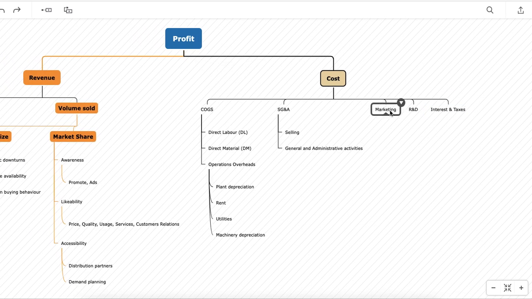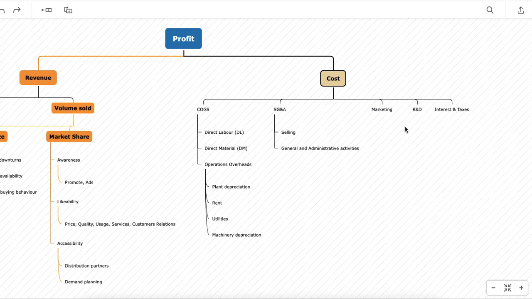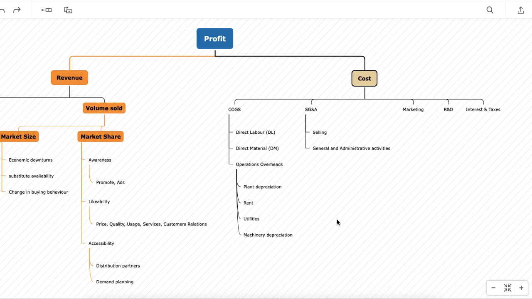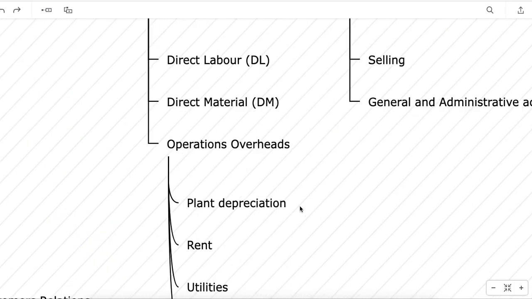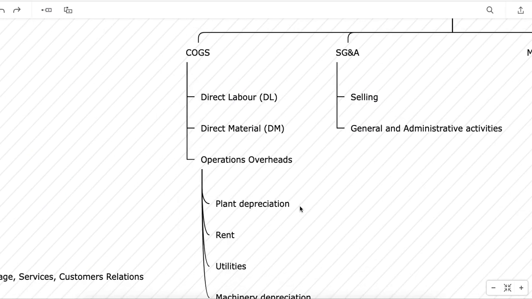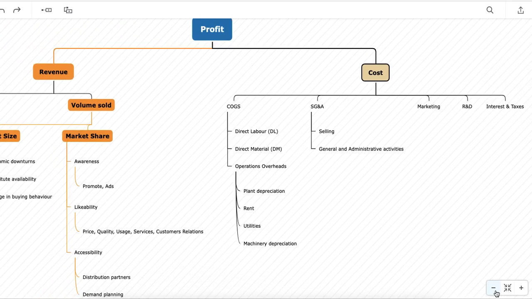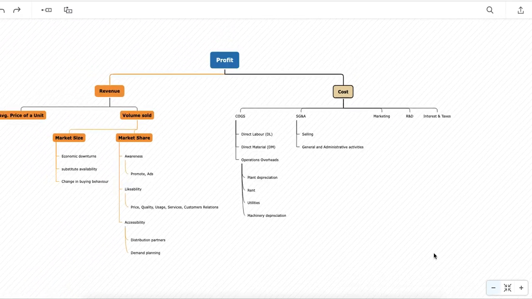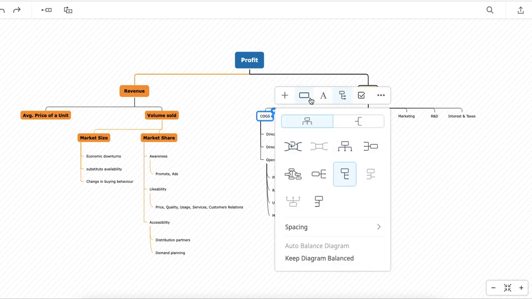I hope it is clear till now, and with the help of one case, we'll be discussing this whole profitability framework in one go. I'll bring this whole framework into one single tab, so that if you want, you can take a screenshot and keep it. So this is how it looks.